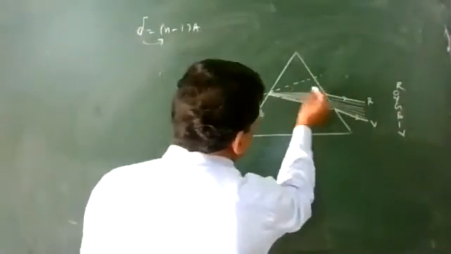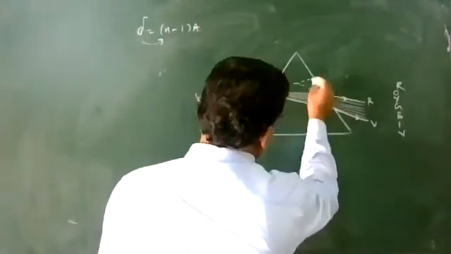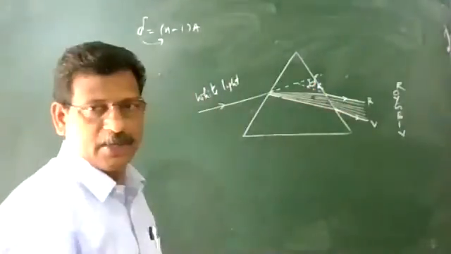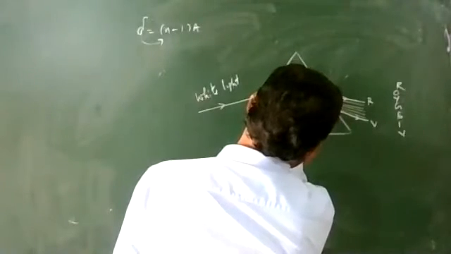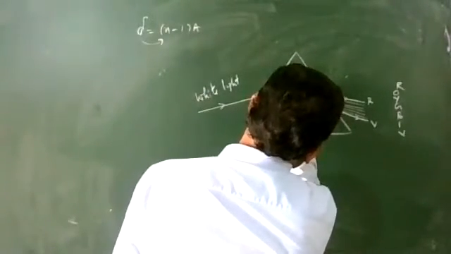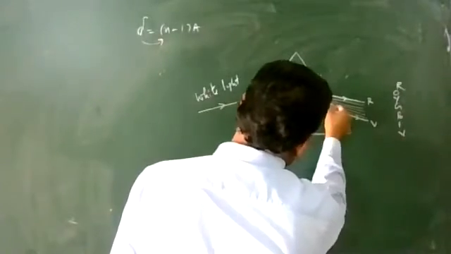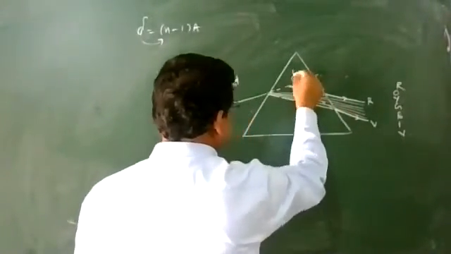You extend the red color backward, so this will be the deviation produced for it. And the deviation produced for violet color, you can extend, this will be the ray going for violet color, from the initial direction. You can mark this angle as the deviation.